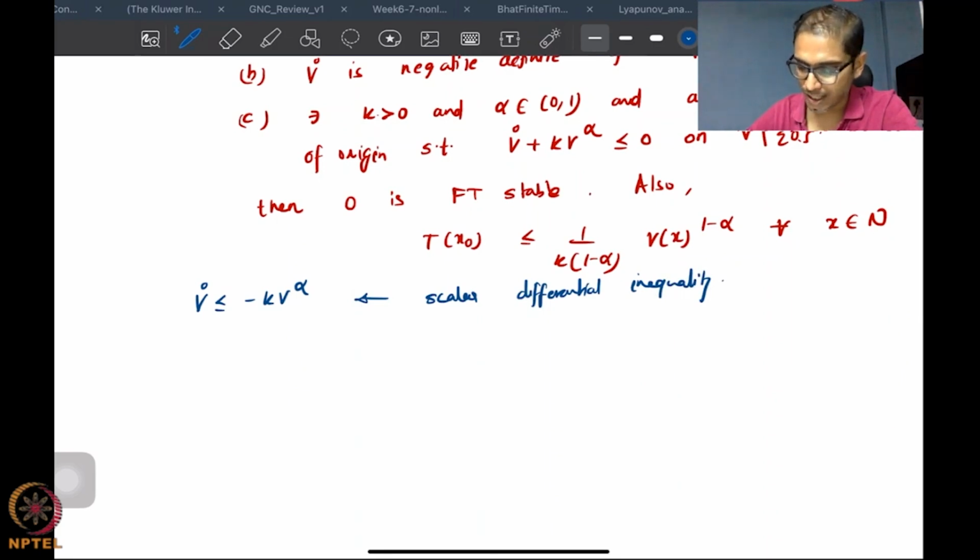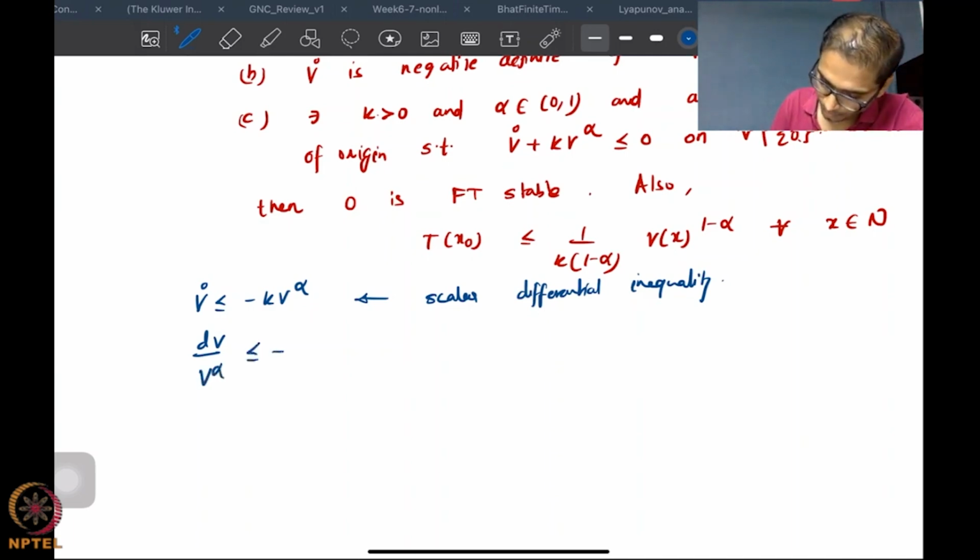But it's not too difficult. You can deal with this in an exactly similar way as you would deal with an equality, right? And this is because of the fact that V is positive definite that we can do this. So V is scalar valued, so it's actually a scalar differential inequality, right? So I can do things like this and integrate both sides, right?